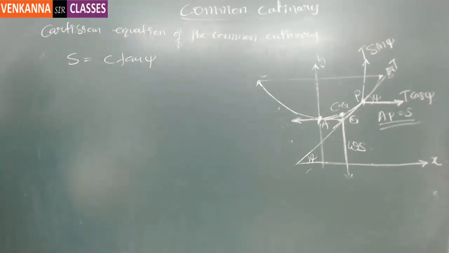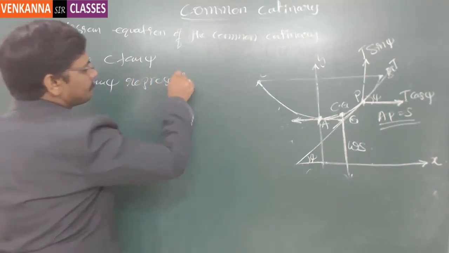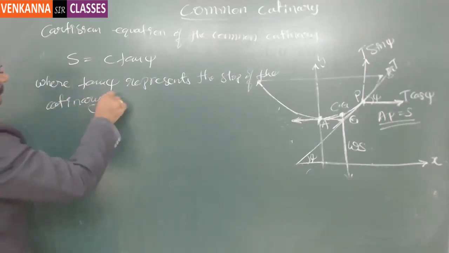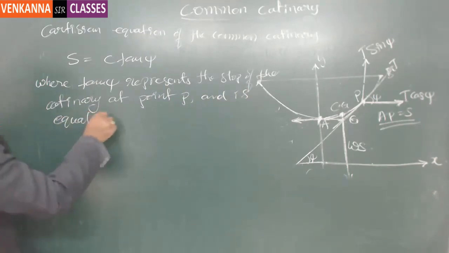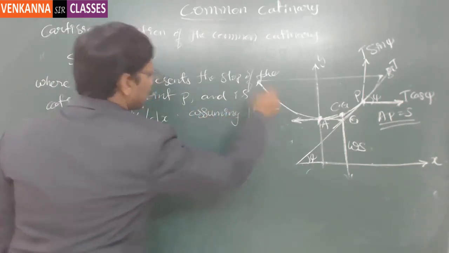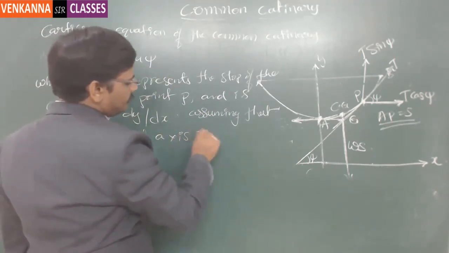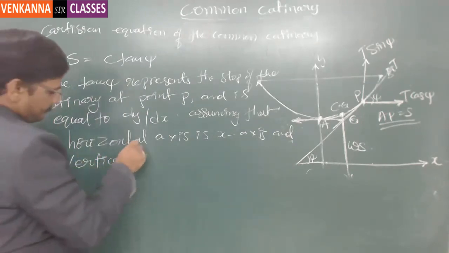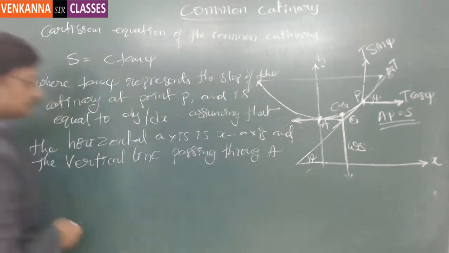Okay. So S is equal to C tan psi, where tan psi represents the slope of the catenary at that particular point P, and is equal to dy by dx, assuming that the horizontal axis is the x-axis and the vertical line passing through A is the y-axis.